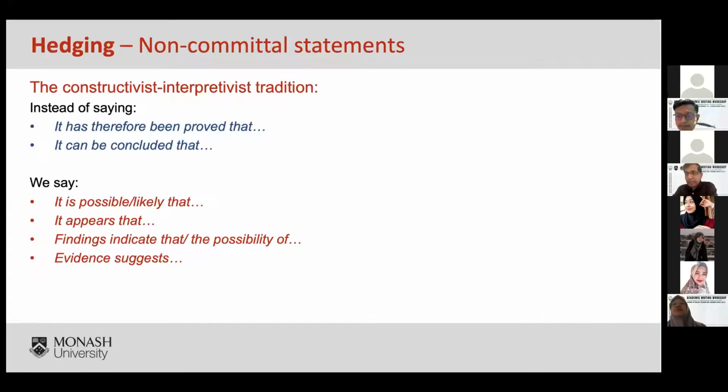Unlike in natural sciences like physics, chemistry, biology, medical science, mathematics, we can't say this, proved that. We have to use expressions like this. This is called hedging. It appears that, it is possible that. Findings indicate that, not prove that, indicate that. Evidence suggests that instead of saying proves that, right? This is called hedging, very, very important.